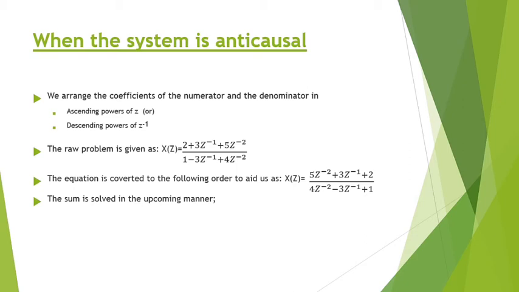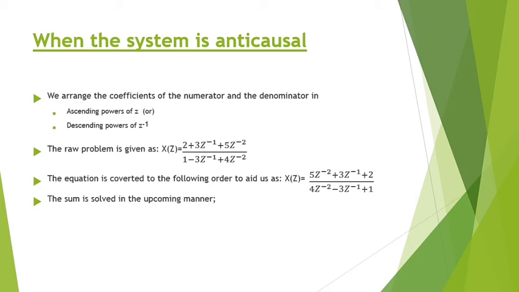Anti-causal is only dependent on the future inputs. So the key difference between anti-causal and non-causal is the difference in inputs. Non-causal is dependent on past, present and future inputs, whereas anti-causal is dependent only on the future inputs.